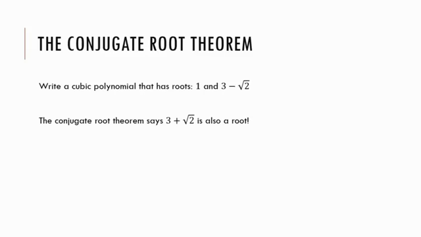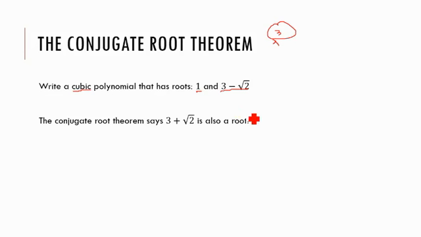So pretty much all it's saying, you might see a problem like this one on the board here, is that if I have a root, so first of all, it says write a cubic polynomial that has these roots. Well, I know a cubic polynomial has how many roots? It's degree 3, so 3 solutions.